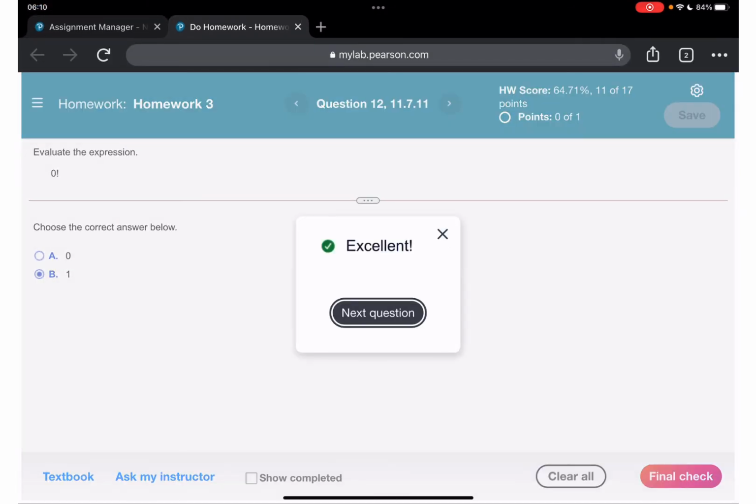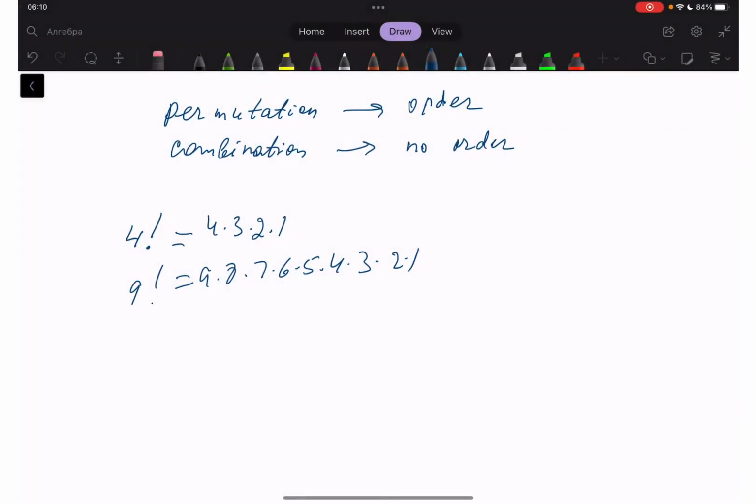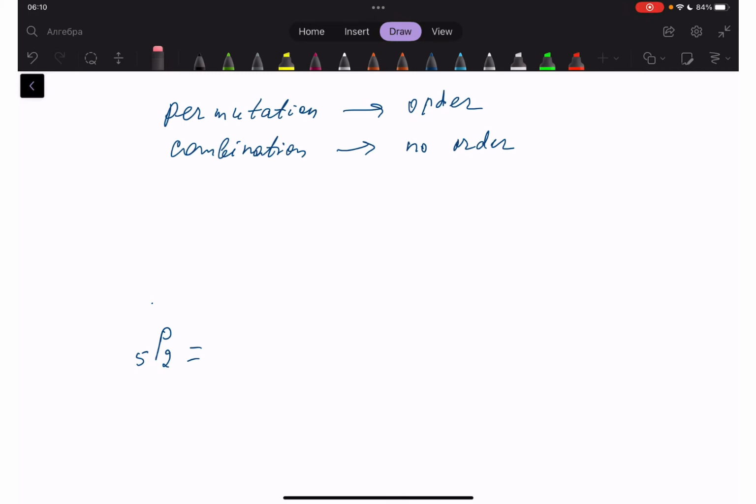Bingo. Moving to question number 13. Evaluate the expression permutation of 2 out of 5. Okay, permutation of 2 out of 5. Let me write down formula for permutation.